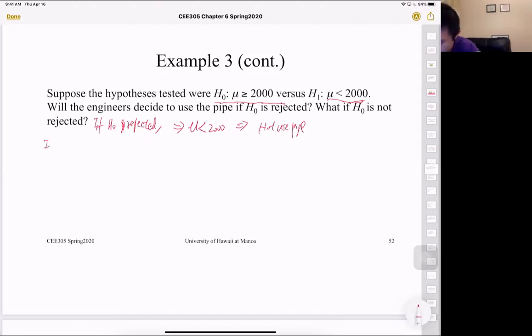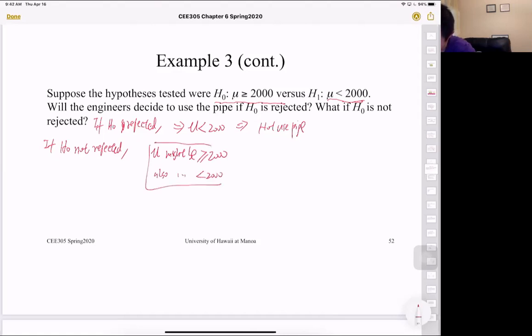On the other hand, if H0 is not rejected, okay, then we say H0 is plausible. So that means the mean value might be larger or equal to 2000, but also might be less than 2000.